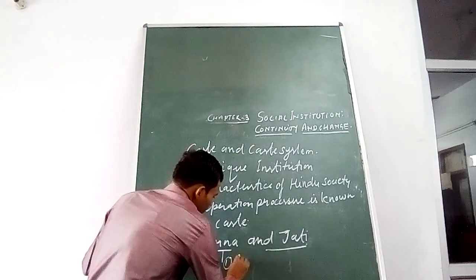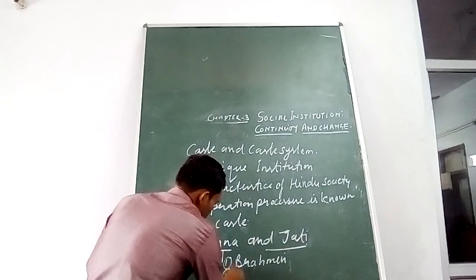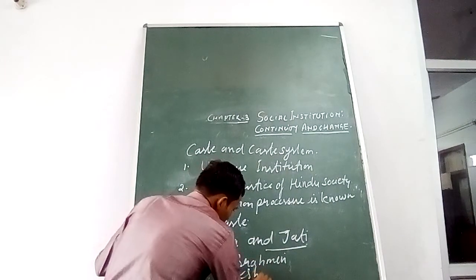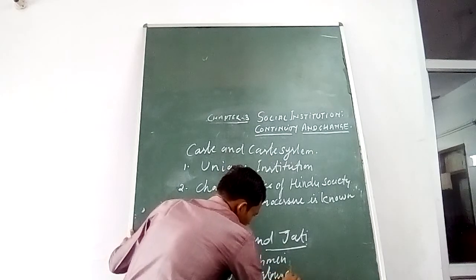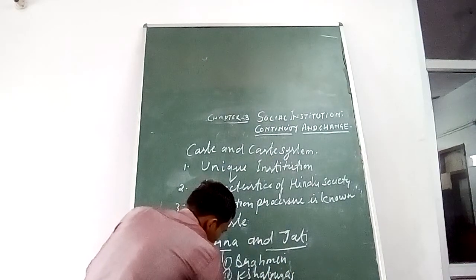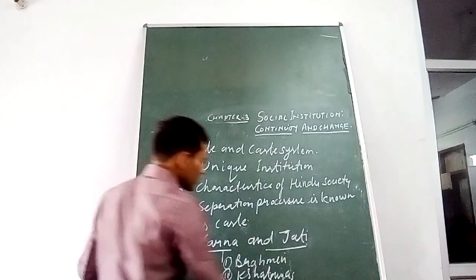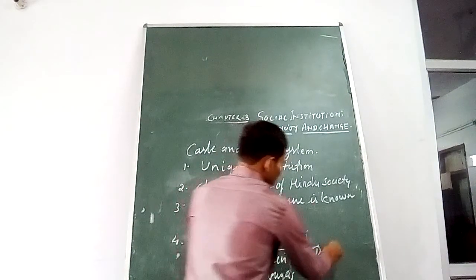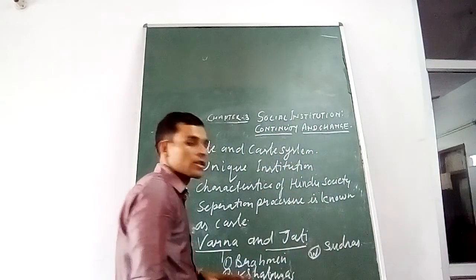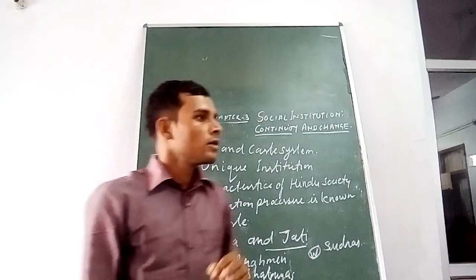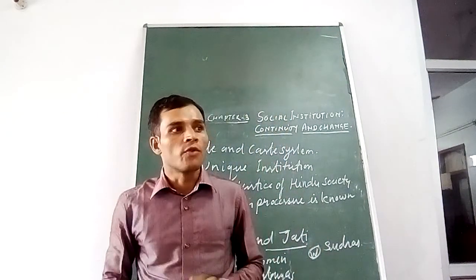First is Brahman, second is Kshatriya, third is the Vaishya, and fourth is Shudras. These are the 4 Varnas mentioned in our Vedas.